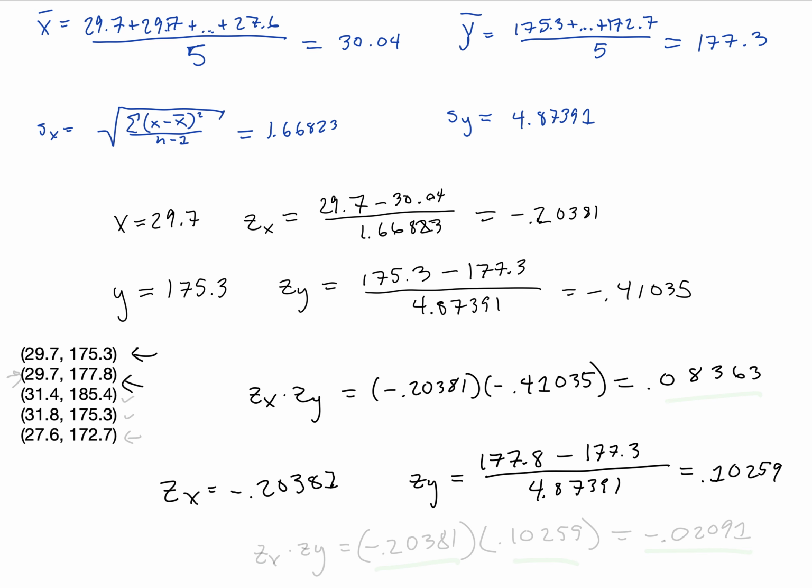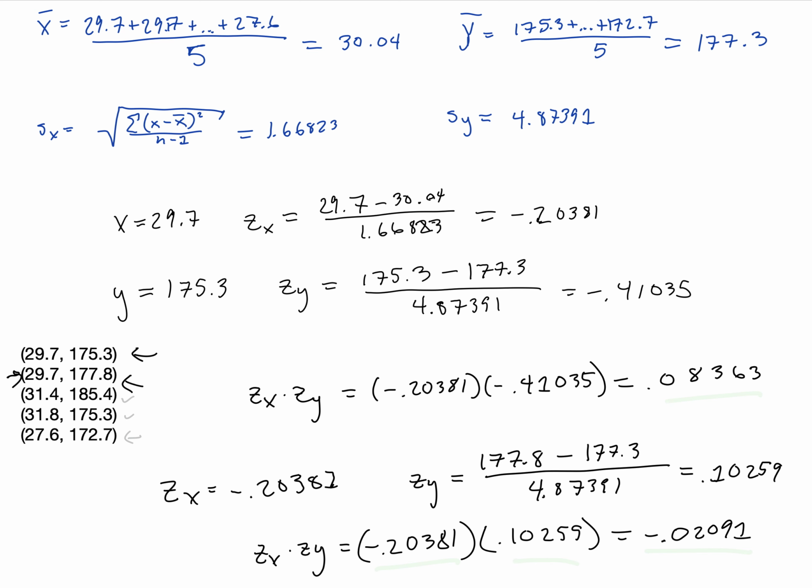So for this ordered pair of data values, zx times zy is equal to negative 0.20381 times 0.10259. And when we calculate that out, we'll get negative 0.02091 as our value there.